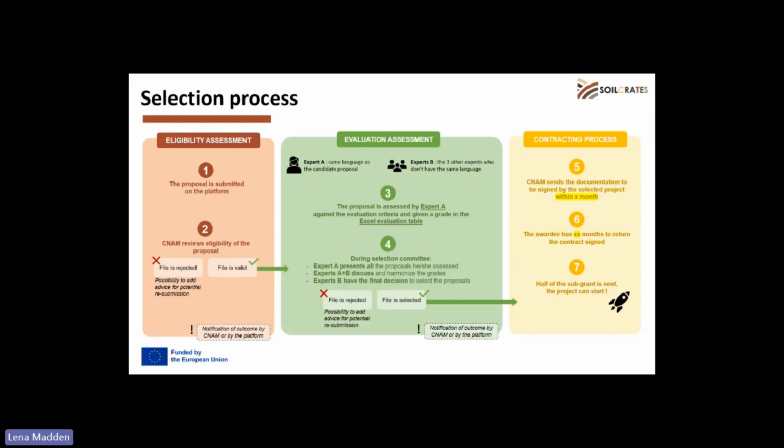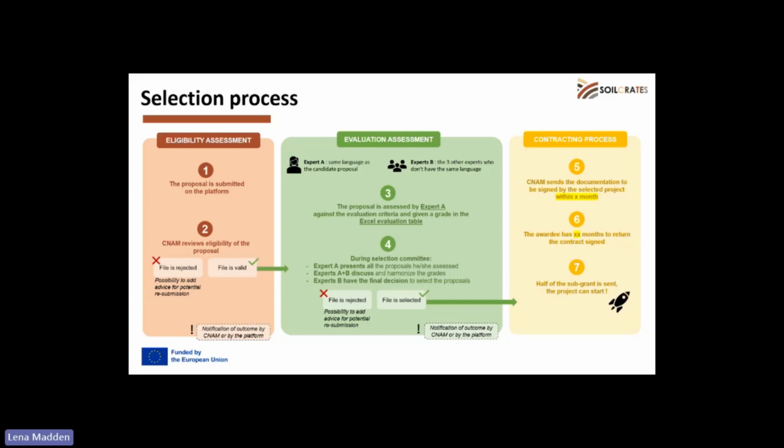Basically, if you come from the three countries, if you are a farmer, or if you fall into one of these groups, if you submitted on time, and all the basic criteria that you have to pass. And then if the project passes that, it's passed to two experts, A and B, experts in soil science and potentially social science, who will evaluate the proposal itself.